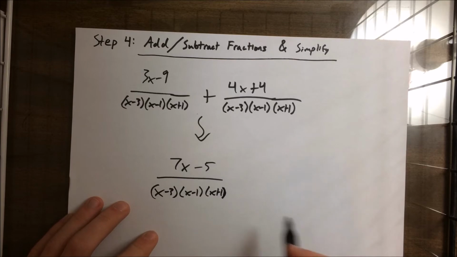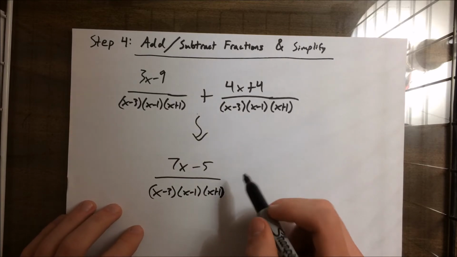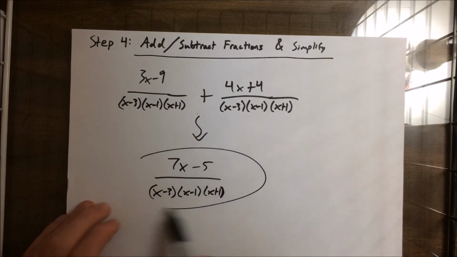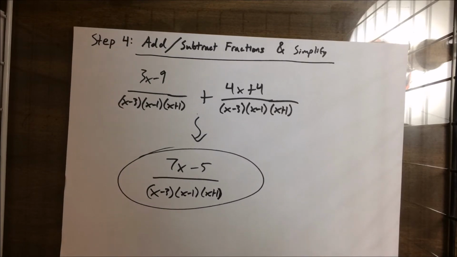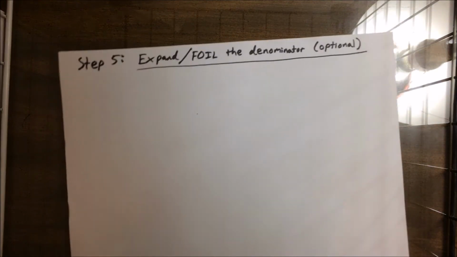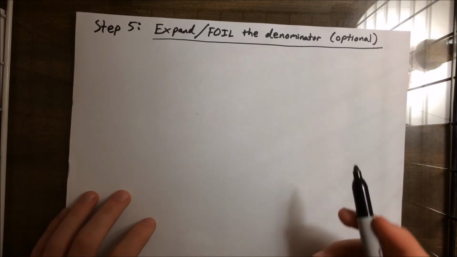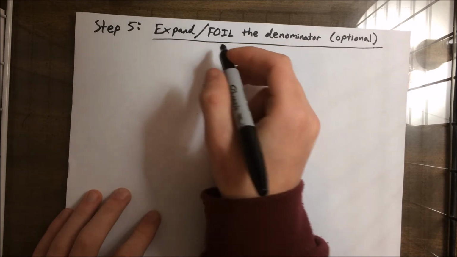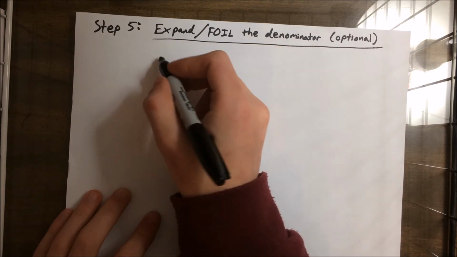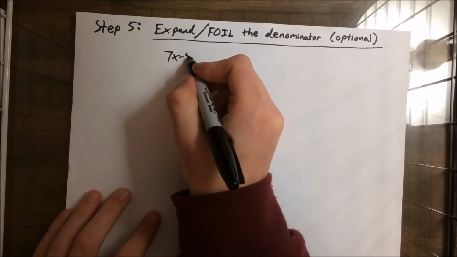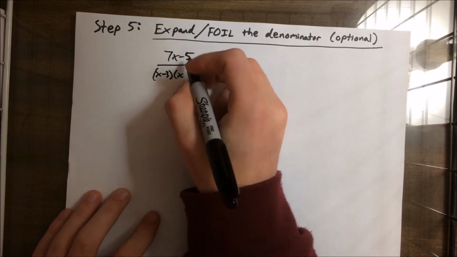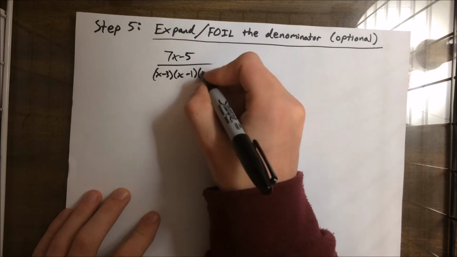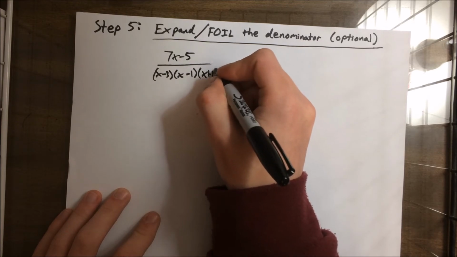Now some teachers will accept the denominator still factored out as your final answer. So this next step is optional and really dependent upon the teacher. So in the next step, you're going to expand or FOIL the denominator. So in this step, we have the 7x minus 5 over x minus 3 times x minus 1 times x plus 1.